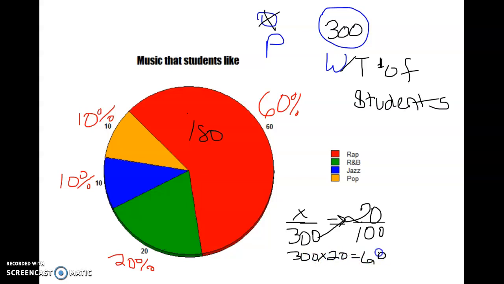which is 6,000. And again, I can't have 6,000 in this circle because I only started off with 300 students surveyed. So I need to use this number left over. That's why I try to make sure I circle it each time because, wait, you're not done. You got to use that extra number.